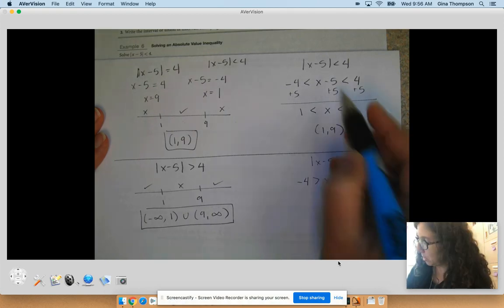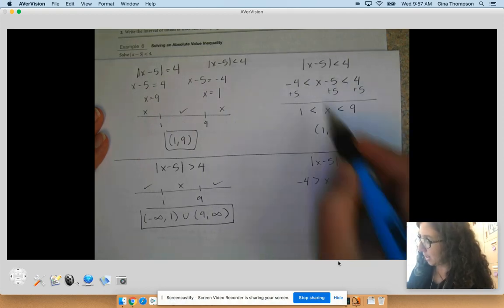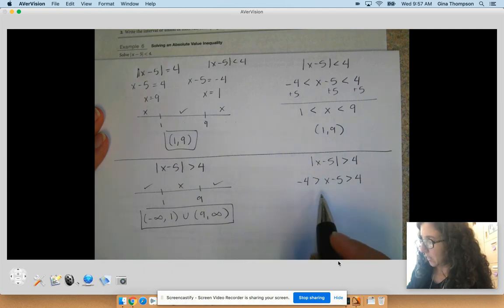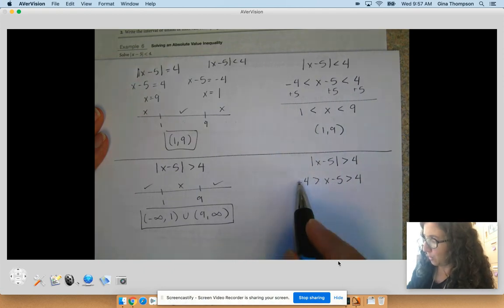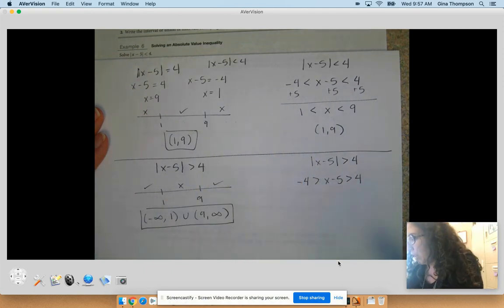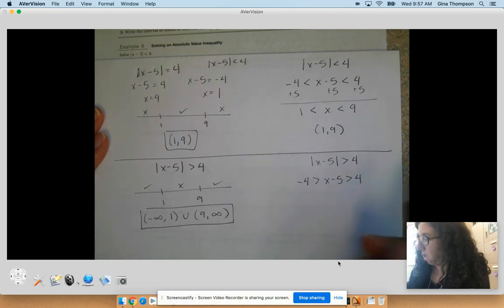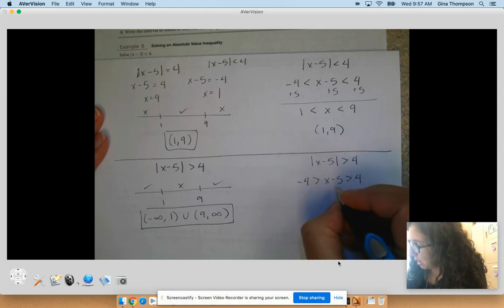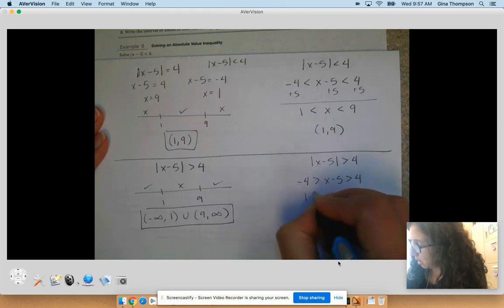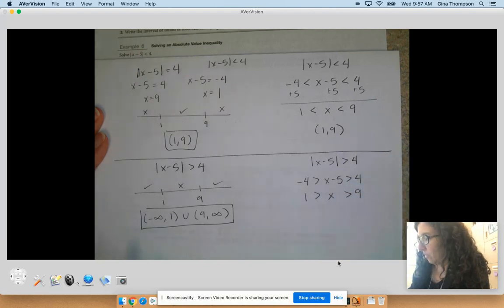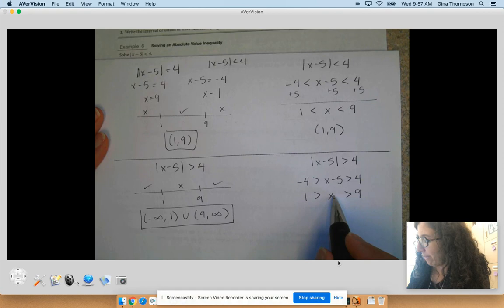Okay, so it's going to be similar here, but the inequality signs are flipped. This distance has to be bigger than 4 in magnitude, or less than negative 4 over here. So now if I solve this, I'm going to get 1 and 9.